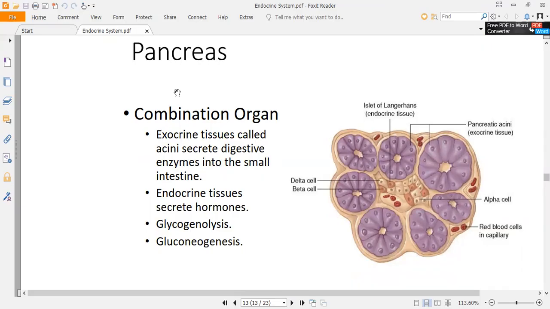So a combination organ, as they're calling it. Exocrine tissues called acini secrete digestive enzymes into the small intestine, all right? And endocrine tissues secrete hormones, which are responsible for what we call glycogenolysis and gluconeogenesis, okay? When you go into detail, you understand that these processes are learned under biochemistry.